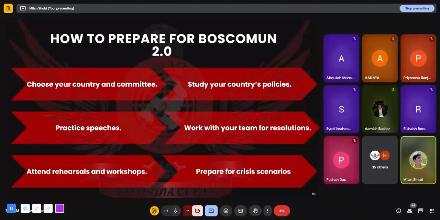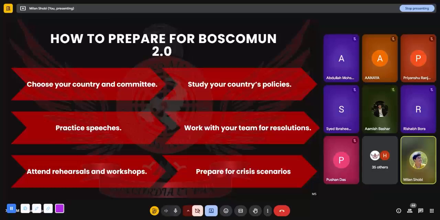choose your committee and country wisely. The point is that your personality should speak of what country and committee you're choosing. If you're very rebellious, choose a rebellious country, choose a rebellious committee. If you're very rebellious in words, and you can express those rebellious words in really polite words, but at the same time very compelling, choose that particular committee, choose that particular country.